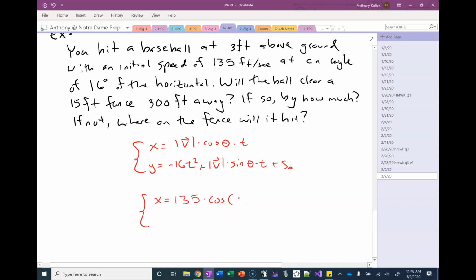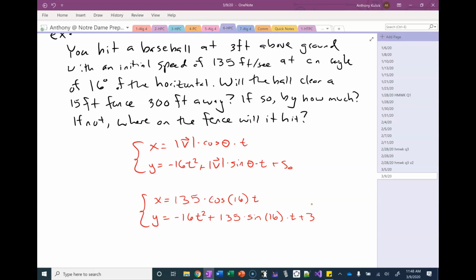And what's going to go in place of theta? 16. And what's going to go in for s naught? 3. Is everybody okay with how we set up these two equations?